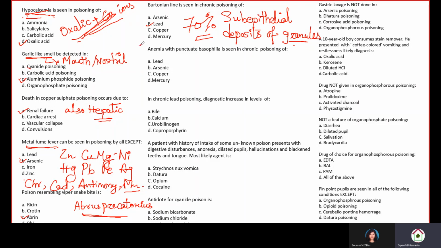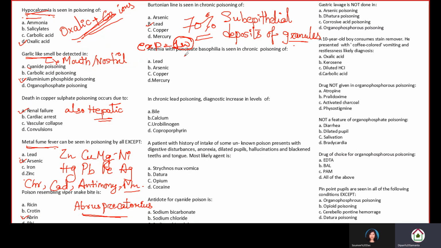So if anybody is exposed to lead for just one week, there can be subepithelial deposit of granules in the gums, and Burtonian lines may be visible in case of lead poisoning.